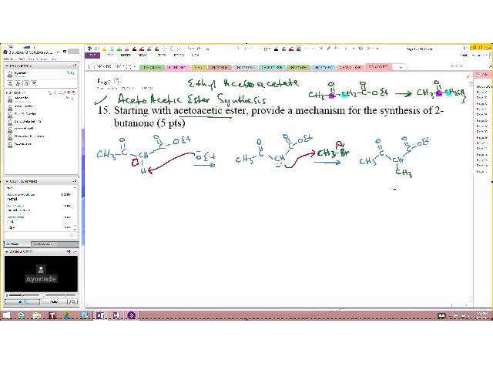The mechanism for the hydrolysis. Keep in mind we have this. Water is here. This is acid catalyzed hydrolysis. So now the water will come in and attack this.